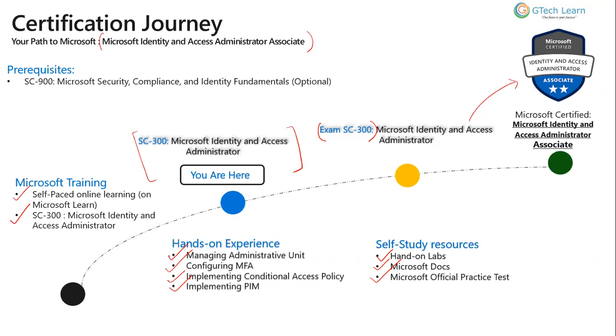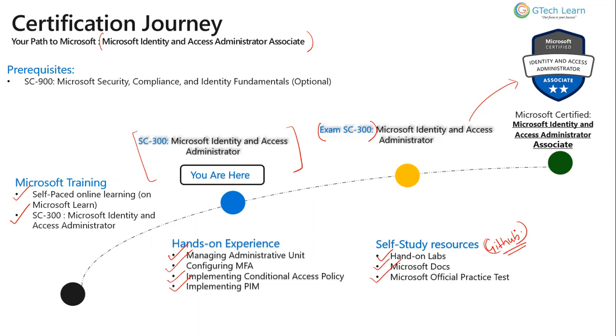So how do we utilize those self-study resources to prepare better for your examination? If I'm talking about the hands-on labs, on GitHub you have all the resources and instructions available related to SC-300, as well as any resource files you need to perform the labs and hands-on practicals.